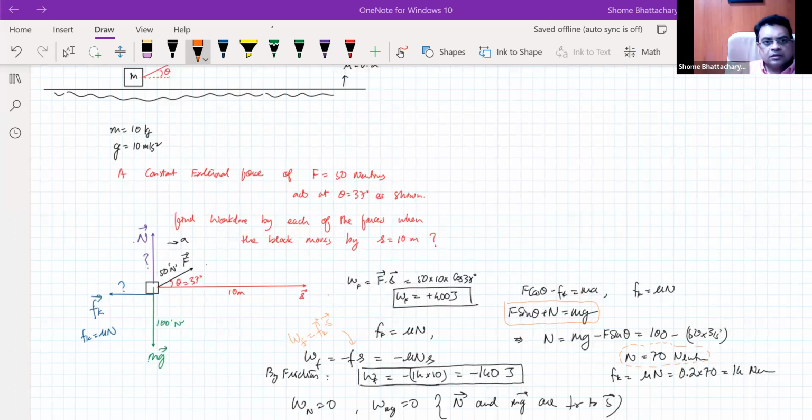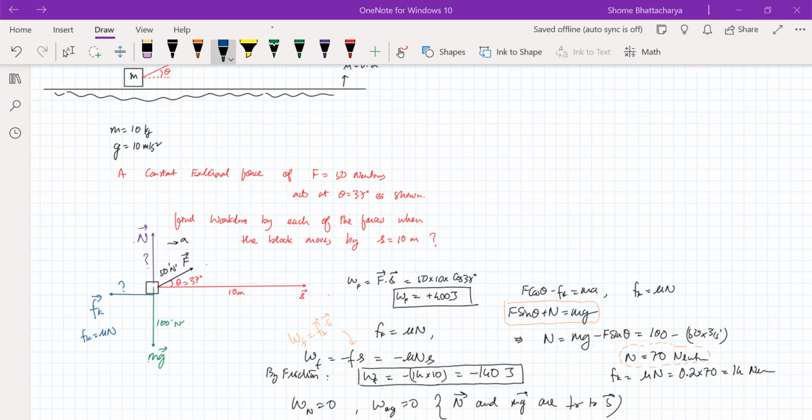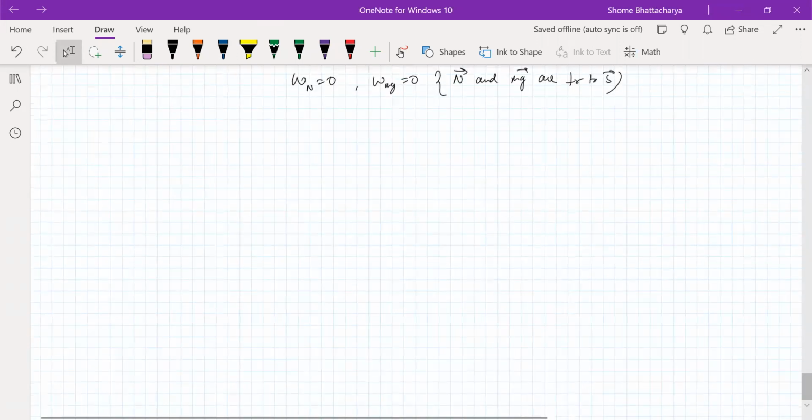Okay, so these are the simple cases of calculation of work done by using the dot product when the force is constant, whereas by using integration when the force is variable. Now, next thing we'll see something very interesting, the relationship between work and kinetic energy.